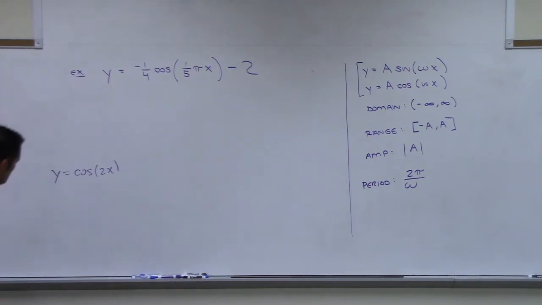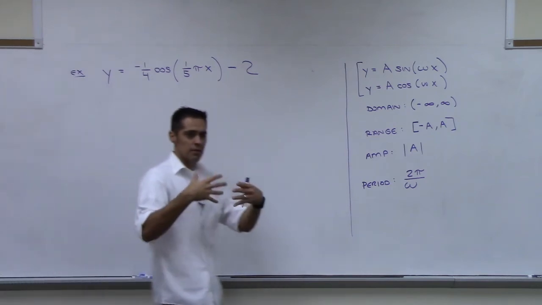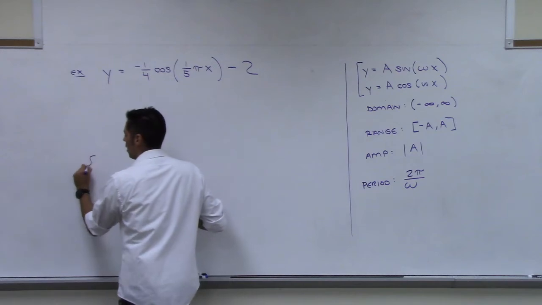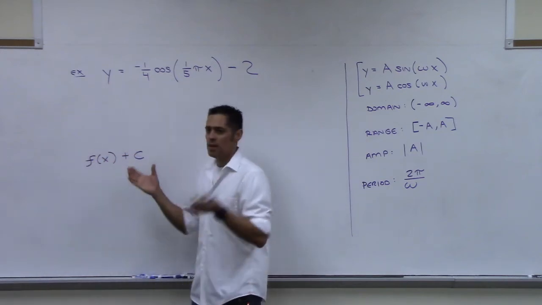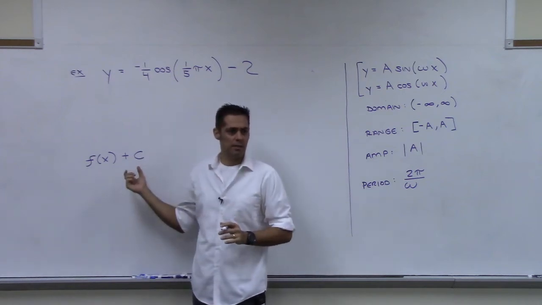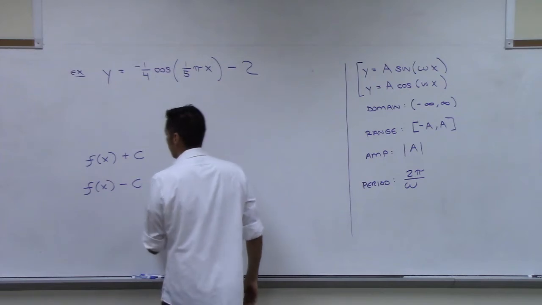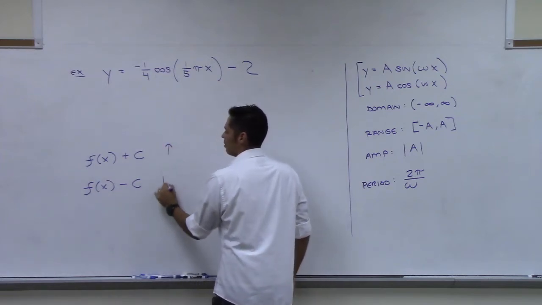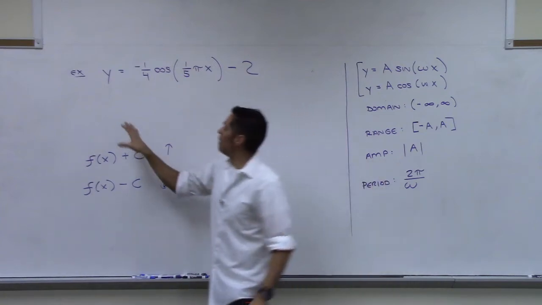Well, back in college algebra, we learned that if you take a function and you add a constant to it, all that does is move it up by this constant. Or if you take a function and subtract a number from it, this goes up, this one goes down. So it just takes the whole picture and moves it up or down. Same exact thing happens here.